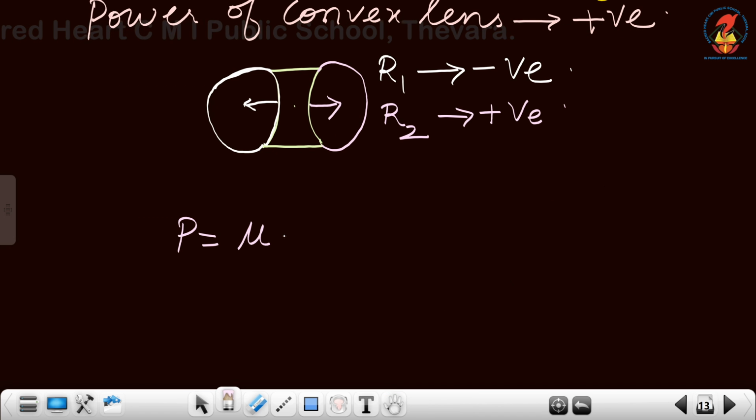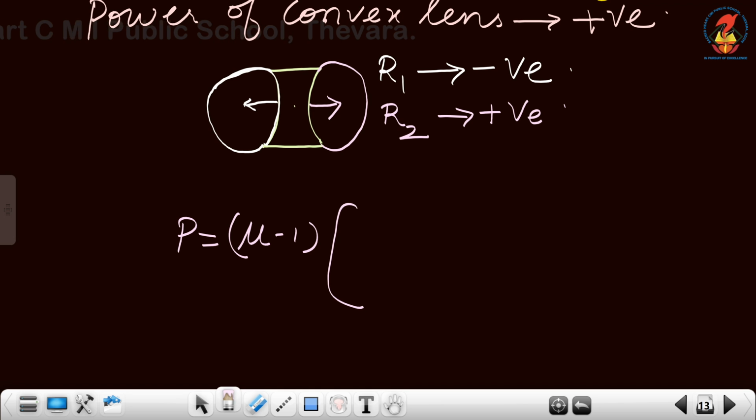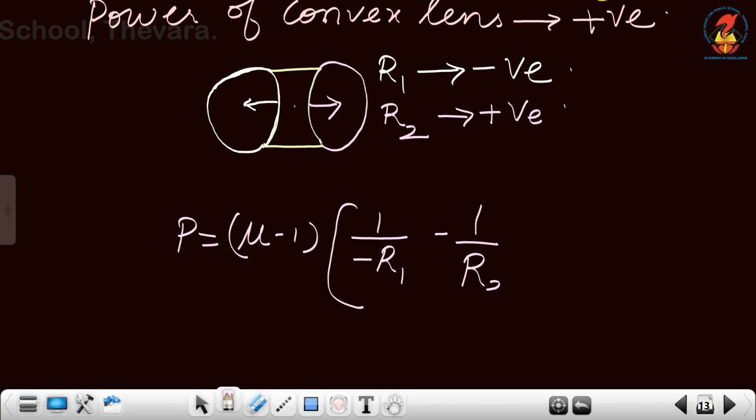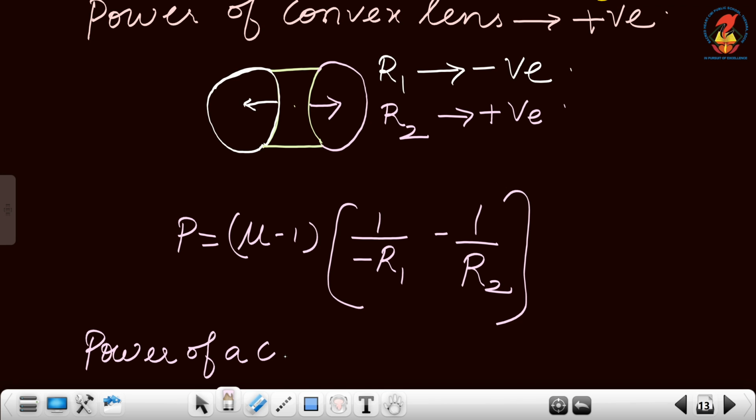Power is equal to (mu minus 1) into (1 by minus R1 minus 1 by R2). So definitely the power will have a negative value, which means power for a concave lens is negative.